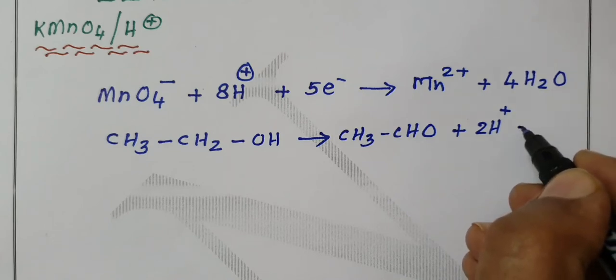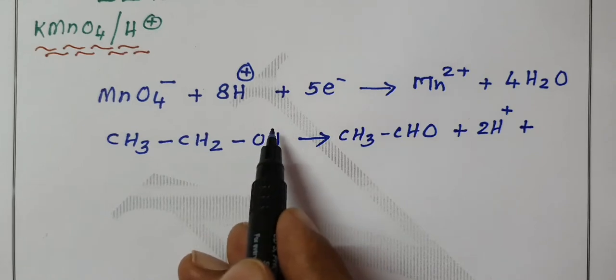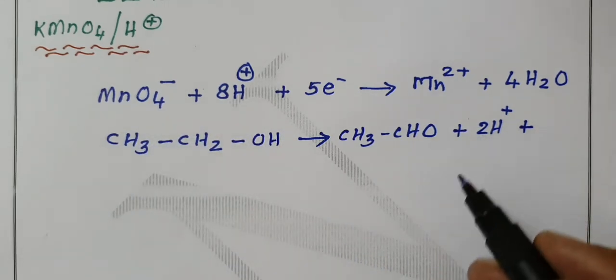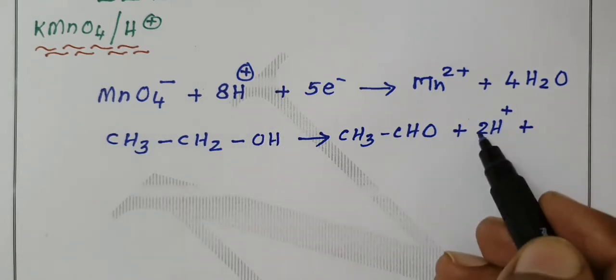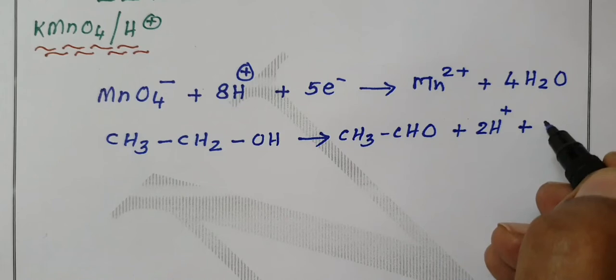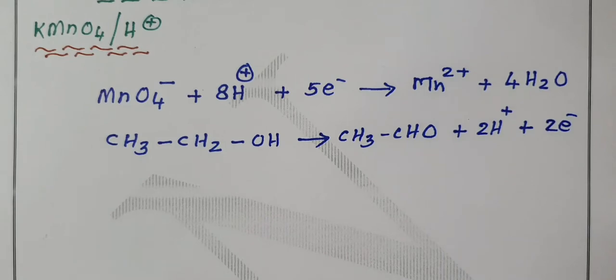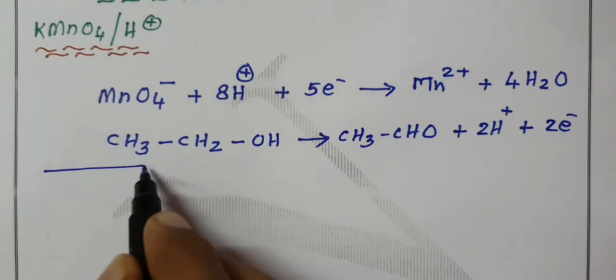Finally, we have to balance charges on both sides. Left hand side the charge is 0, right hand side you have 2 plus. Therefore the right hand side charge should also be 0 by adding 2 electrons. The charges are balanced. Now we are going to add these two equations.